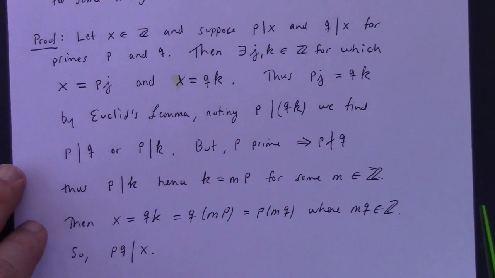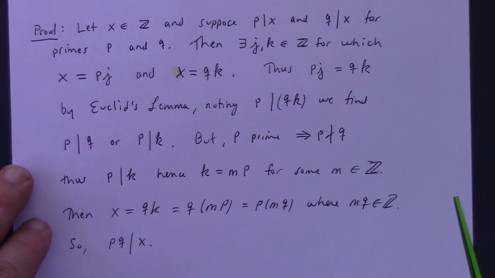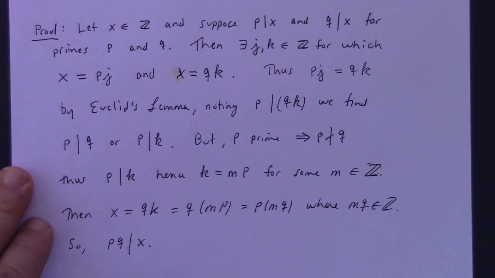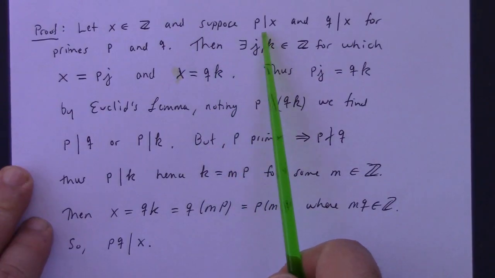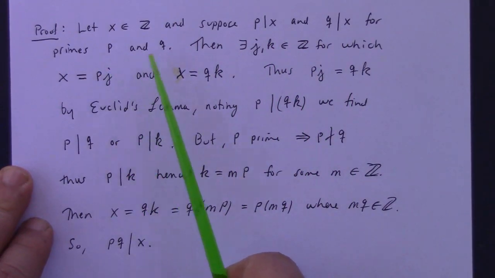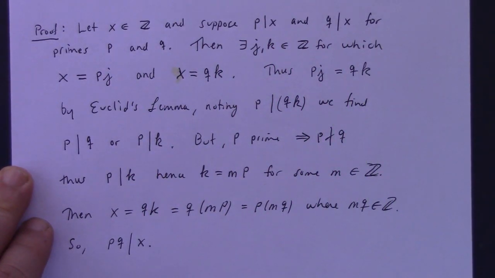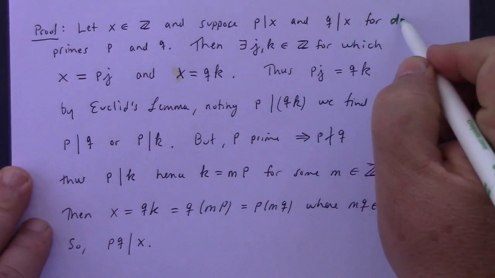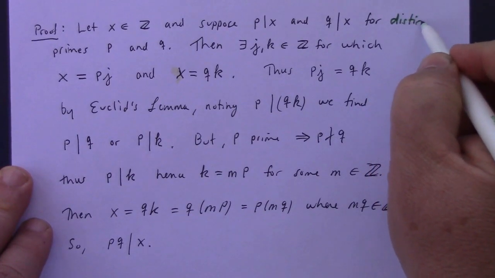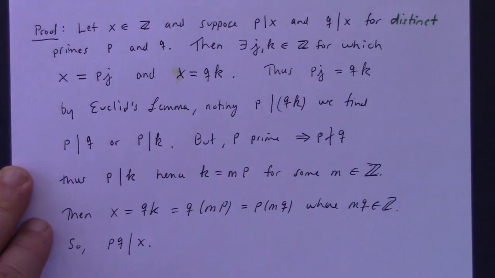And here's the proof. It's kind of a corollary to Euclid's lemma. If we have x as an integer and p divides x and q divides x for some distinct primes p and q, then there exist j and k for which x is pj and x is qk. Thus pj is equal to qk.